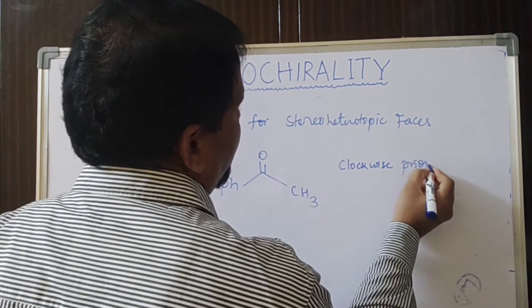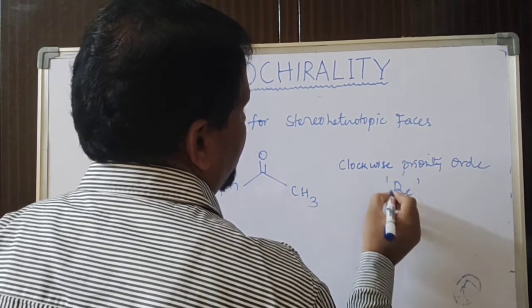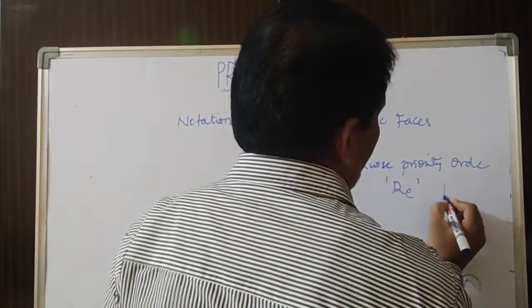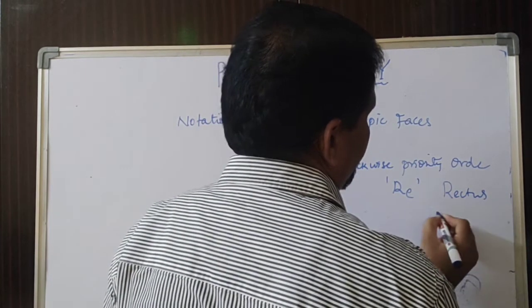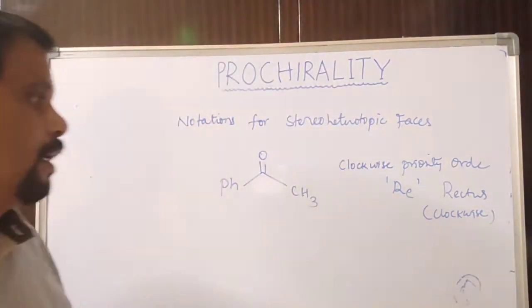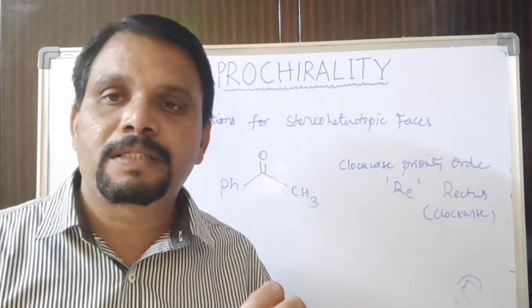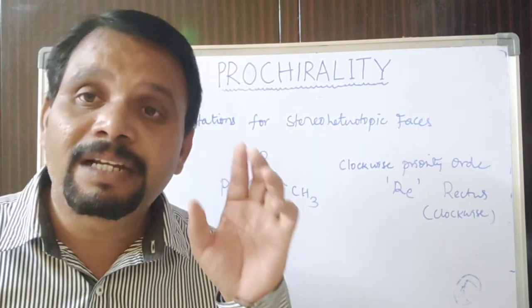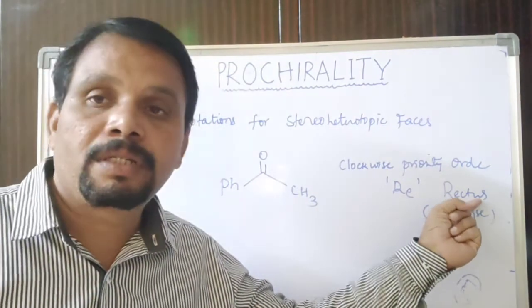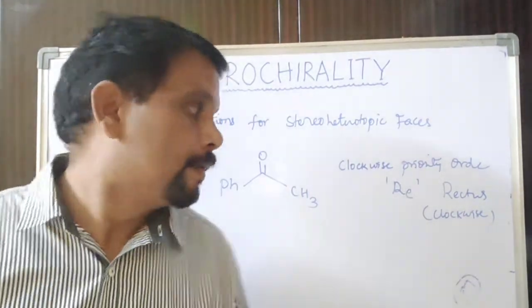If the priority order is clockwise, then that face is Re face, which we represent as Re. Re means rectus, and rectus means clockwise.